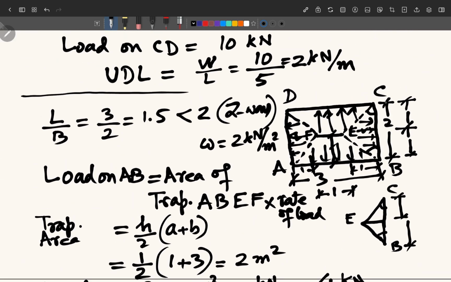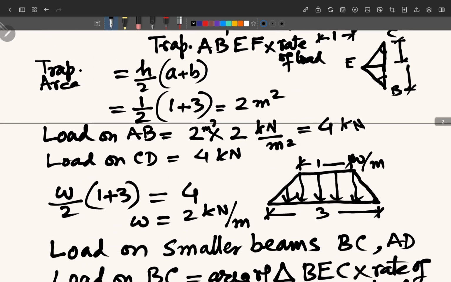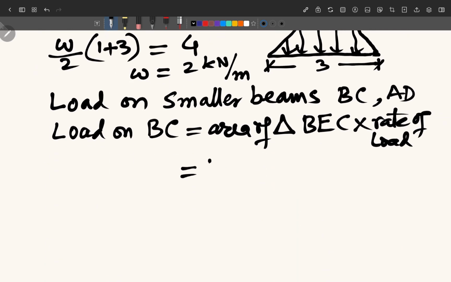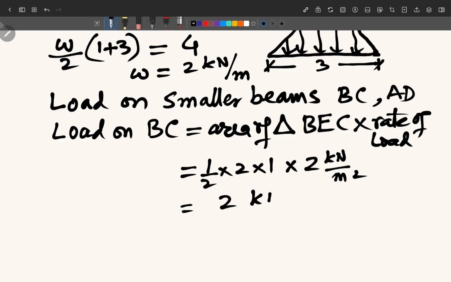Now the triangle BEC, half base into height is the formula. Base of the triangle is 2 and the height is 1, so we can calculate the area. Half into 2 into 1, this is the area of triangle, and the rate of loading is 2 kilonewton per meter square. So this is equal to 2 kilonewton.